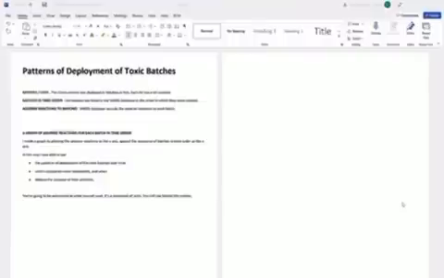Consequently, it was possible to make a graph plotting the adverse reactions along the vertical axis and the sequence of batches in time order along the x-axis. In this way, I was able to see the patterns of deployment of the toxic batches over time.